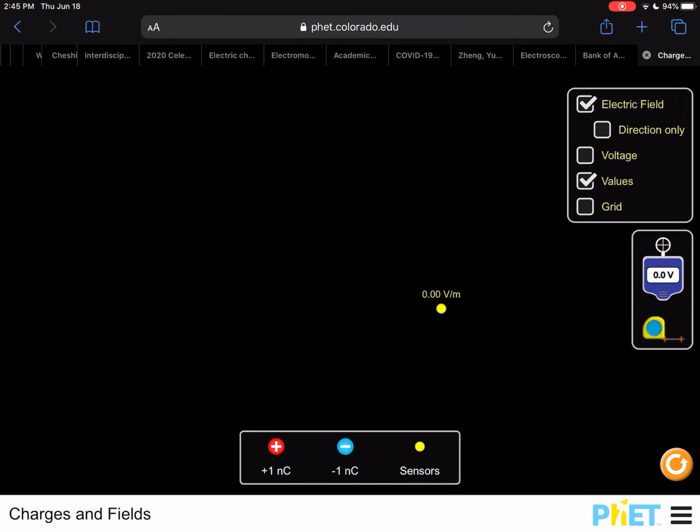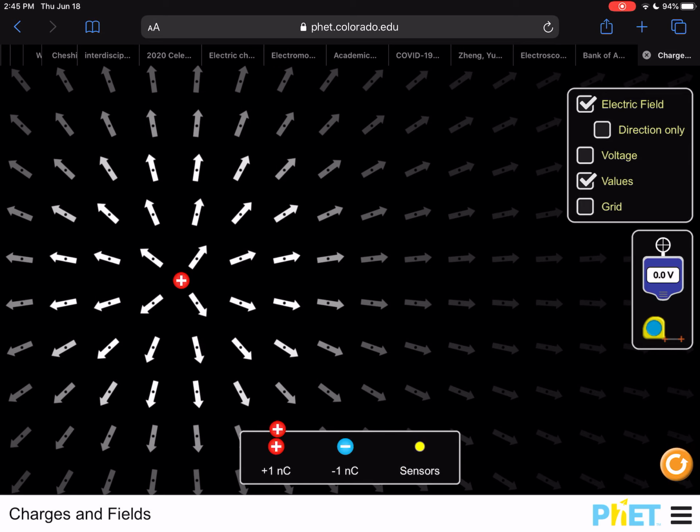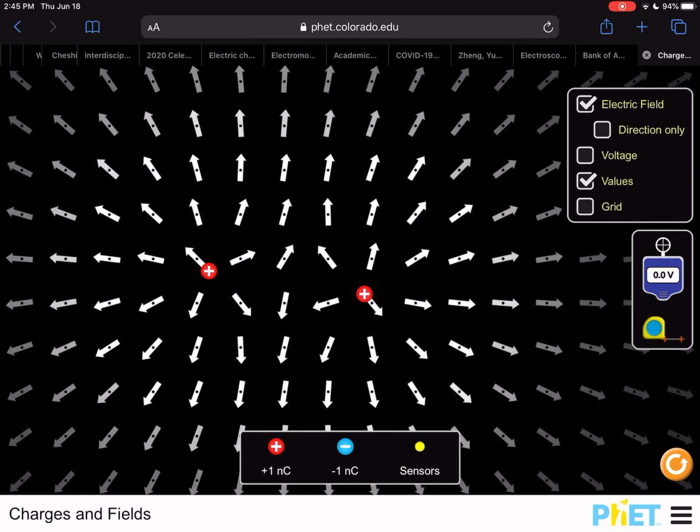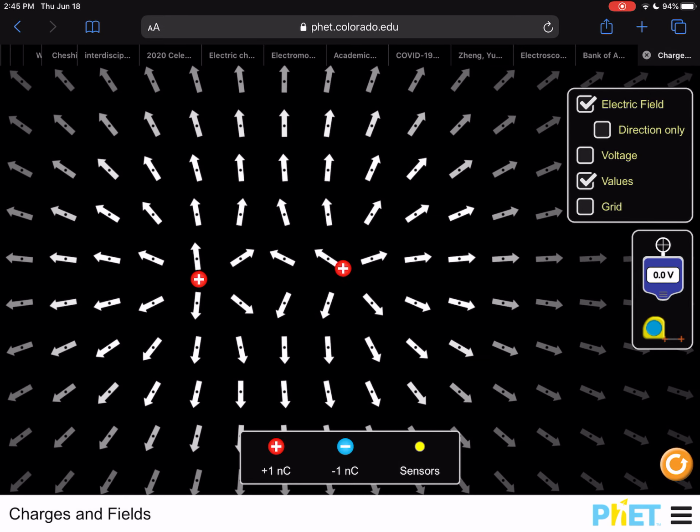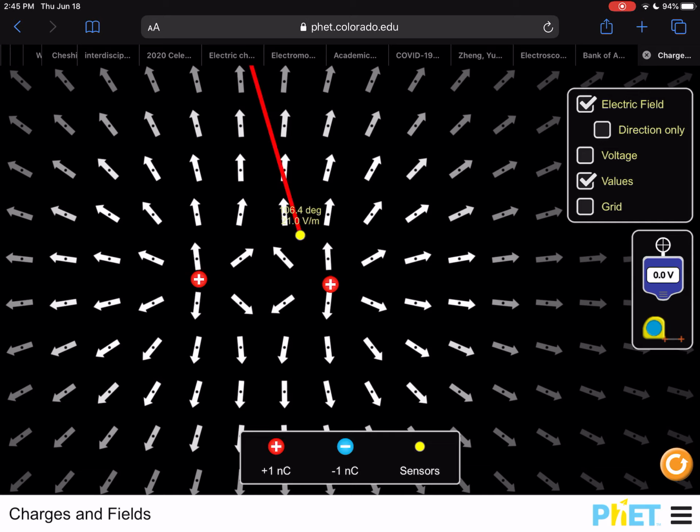That's actually one of the ones you want to be able to draw offhand. So if I have a double charge, you want to be able to draw it, not necessarily from memory, but thinking about every particular point and perhaps drawing an electric field of arrows. And you can get a sense of that here.